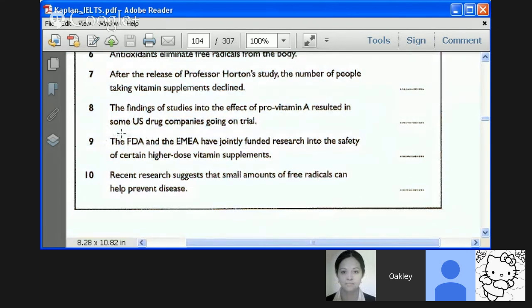Fund of the research. Always look for capital letters. Okay. Simple as that. Now, simplifying it, these agencies funded research together.